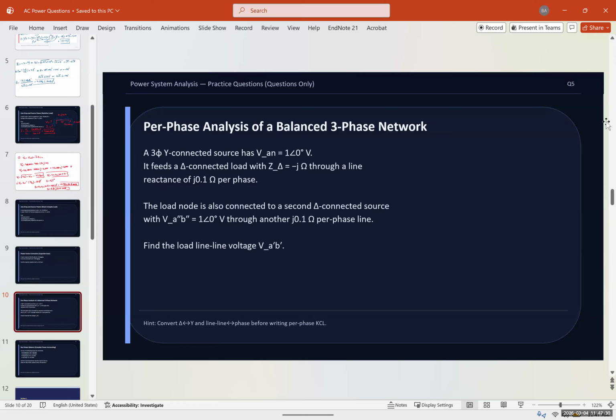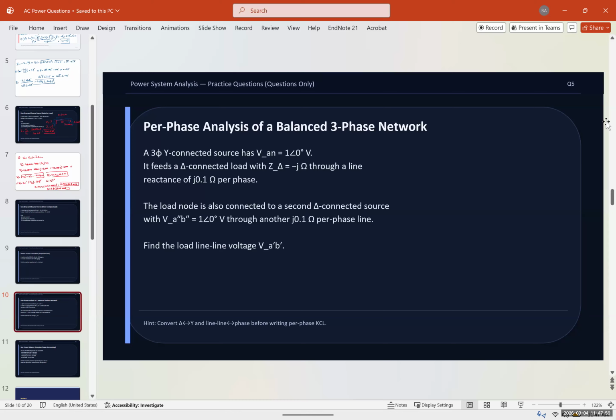So a three-phase Y-connected source has a VAN of 1 with an angle of 0 degrees. It feeds a delta-connected load with Z delta of negative j ohms through a line reactance of j 0.1 ohm per phase.